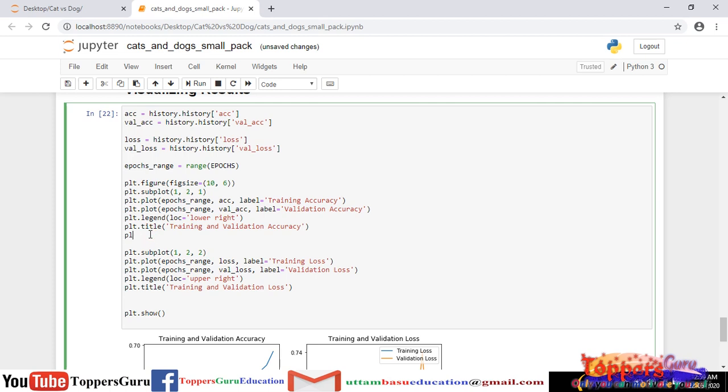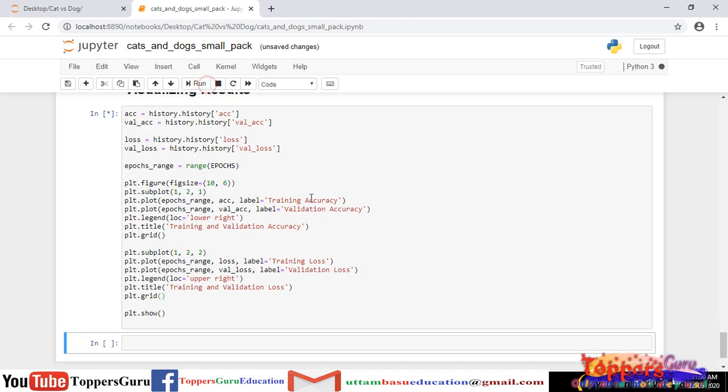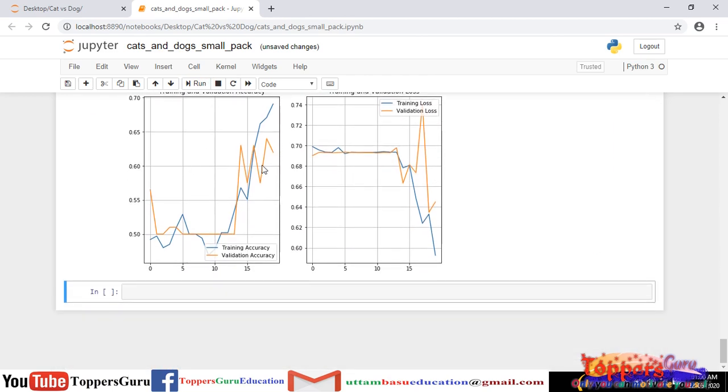Suppose I give plot dot grid for this image, also for this image, plot dot grid. Now run. See, the grid is on.